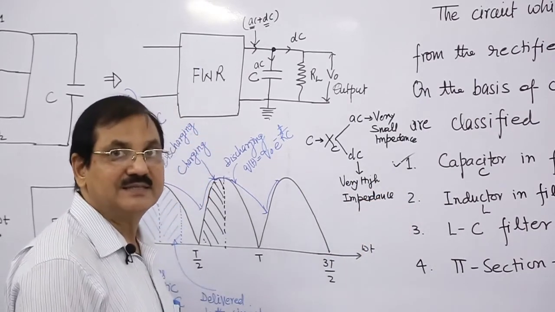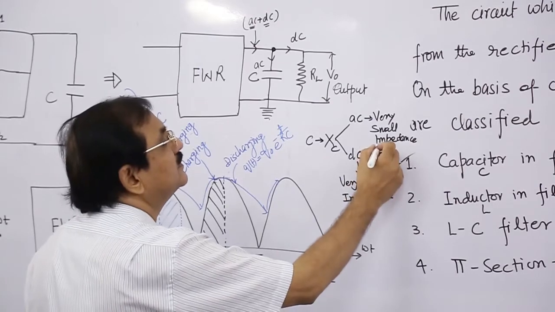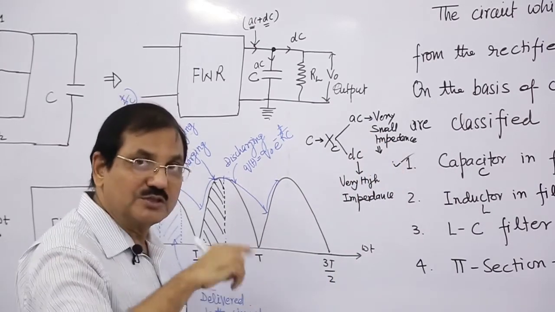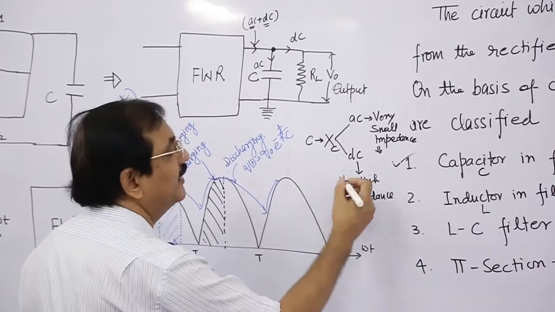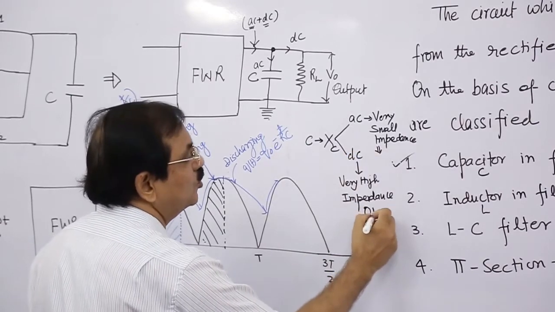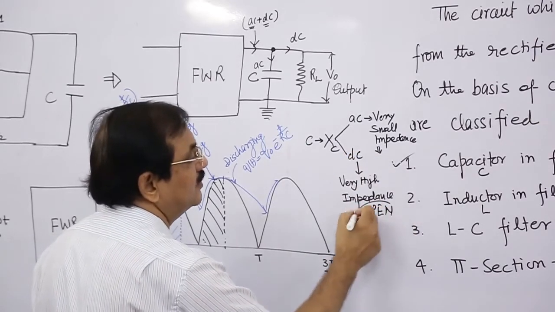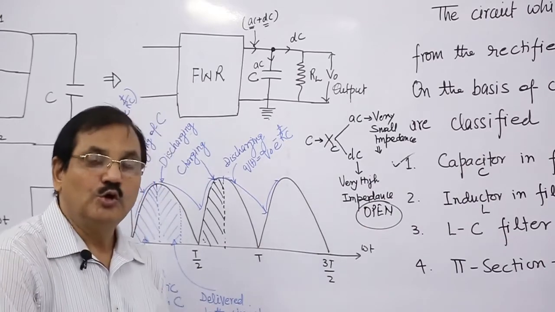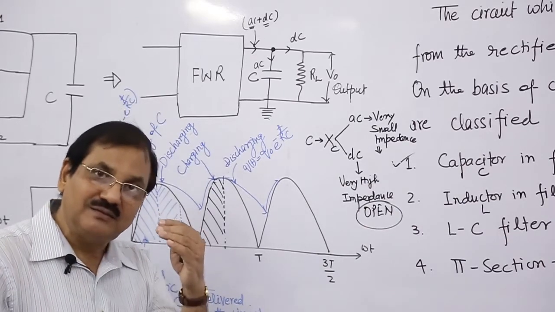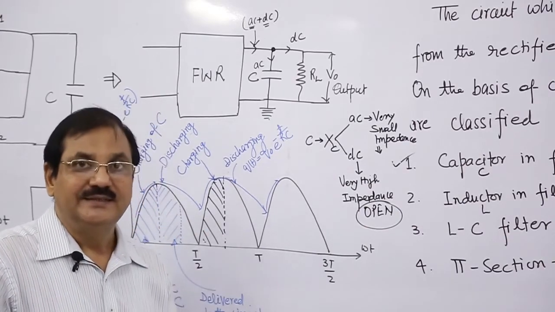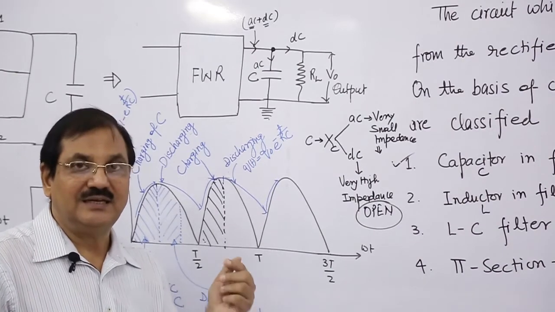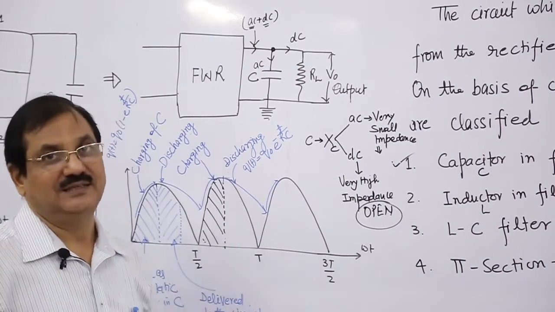So for AC it is like a closed circuit, and for DC it is an open circuit. Open circuit means this path will block the DC and allow the AC to flow.